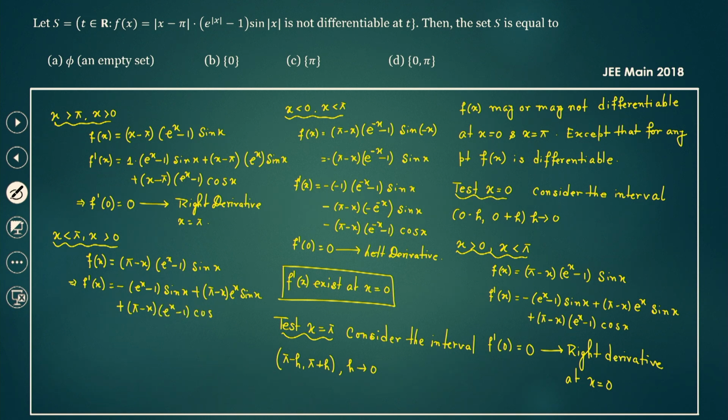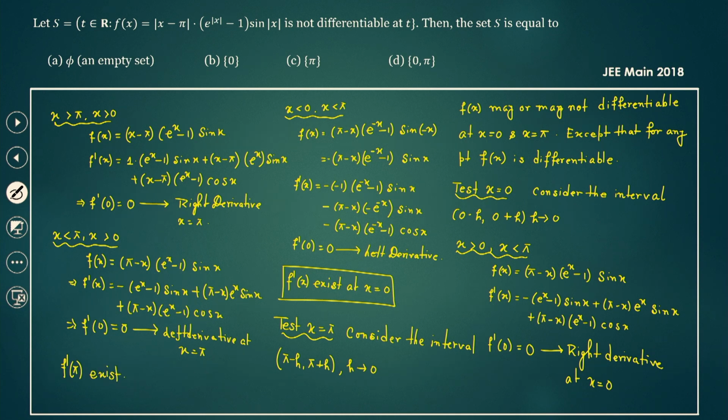Now here we can apply x equal to pi. So f dash pi gives you sine pi, which is 0 again. That gives me the left derivative at x equal to pi. So left and right derivatives are equal, so we'll say that f dash pi exists.